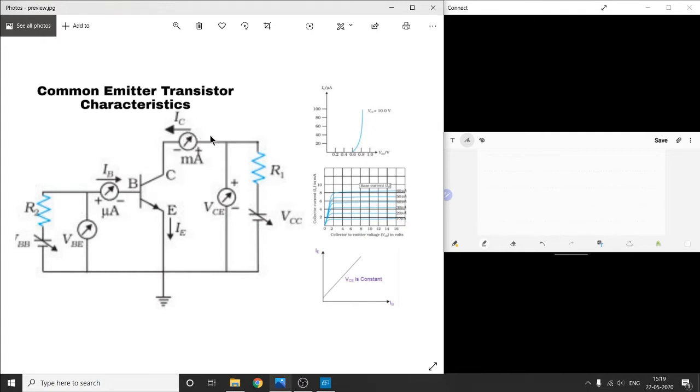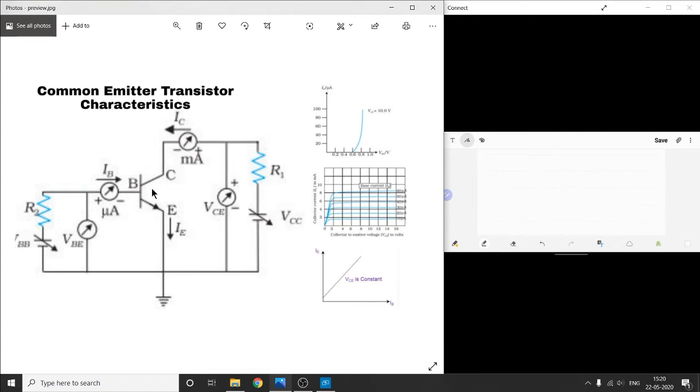With this milliammeter, another voltmeter is connected with polarity plus minus, and here the DC supply VCC is also connected, and variable resistor R1 is here. This one is R2, this one is R1. When you change the resistor R1, you can control this voltage VCE. Here the emitter is grounded, therefore it is called common emitter.